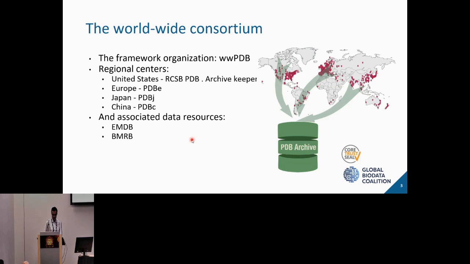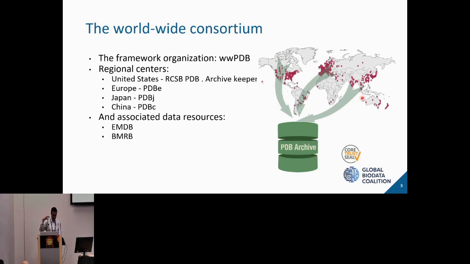And then we have in Europe PDBe, and then PDBj in Osaka University in Japan, and more recently PDBc in Shanghai, China. And then we have associated data resources for electron microscopy data, EMDB, and for NMR, BMRB. And then how it works, the different regions are depositing through the different centers.